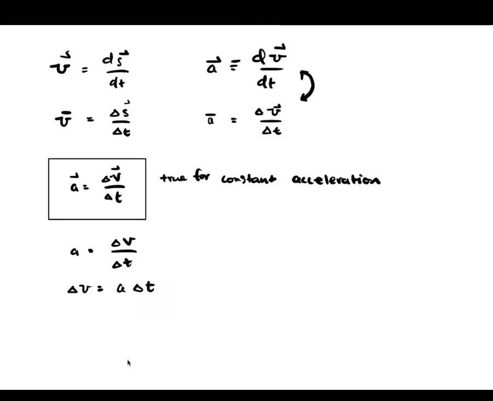Which is the same thing as, remember, delta V is V final minus V initial, so that's equal to a delta T. So that means you can write V final is equal to a delta T plus V initial, okay? This is actually our first kinematics equation.